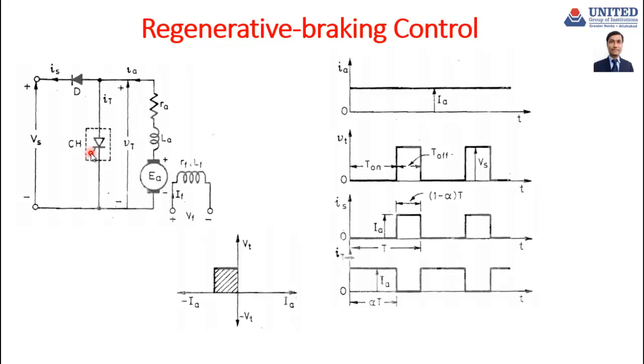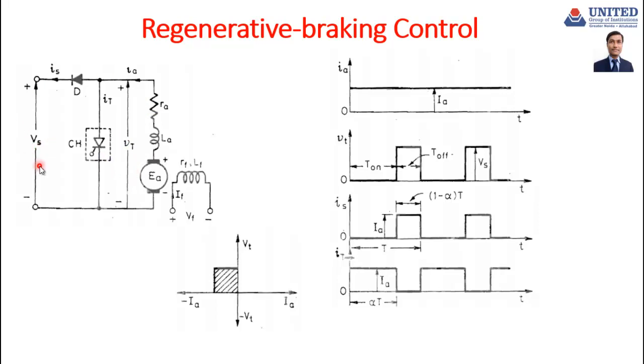When the chopper is turned off, then the armature back EMF becomes more than the terminal voltage and diode D conducts. Then the energy stored in the armature inductance is transferred to the source, and during the turn off time the terminal voltage will be equal to the supply voltage.